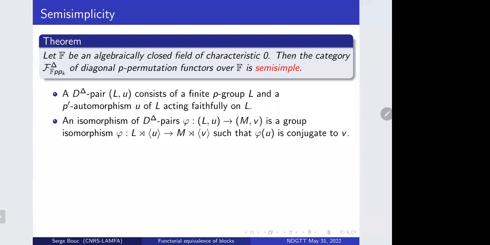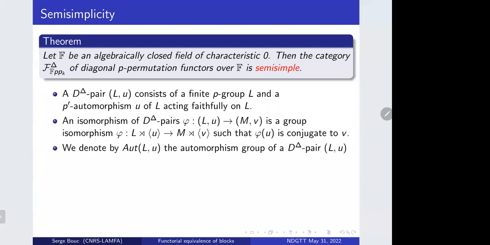When the two pairs are the same, we get an automorphism group of the pair (L, u). And obviously, this group contains the group of inner automorphisms of the semi-direct product, and the quotient is the group of outer automorphisms of (L, u), which we denote by Out(L, u).